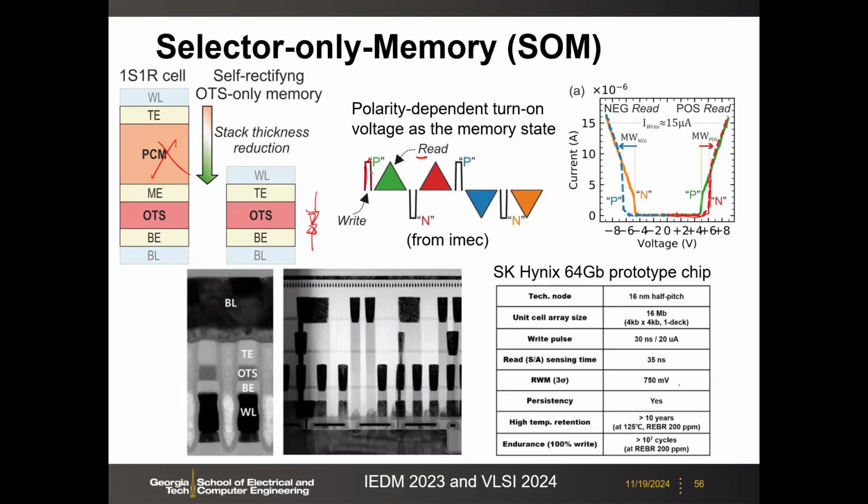But after the positive pulse, when you sweep, the turn-on voltage is smaller, so here VTH is small. And if you apply a negative pulse to this selector, the VTH when you turn on will be large.